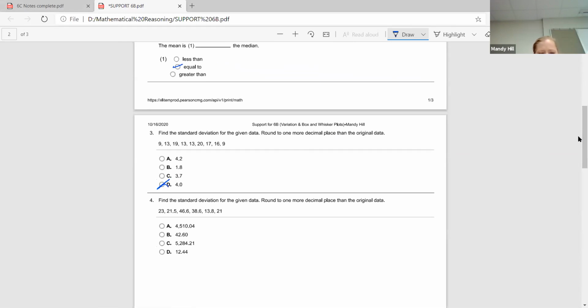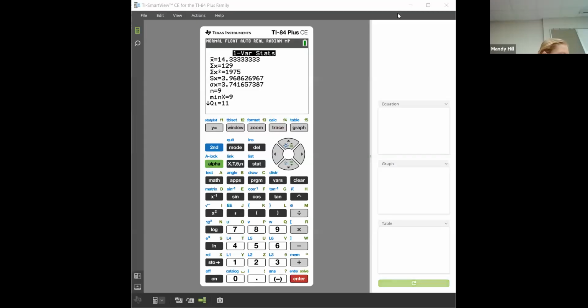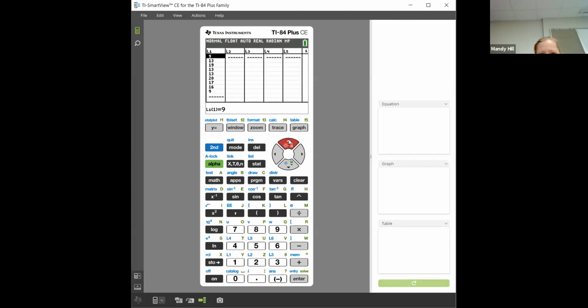Okay, now I'm going to do this one last problem. It wants us to find our standard deviation. It says round to 1 more decimal place than the original data set. So I guess it wants 2 decimal places. So I'm going to go to my calculator, and I'm going to type in that second data set. I need to hit Stat, and we do want to edit that list. I'm going to clear this list out.